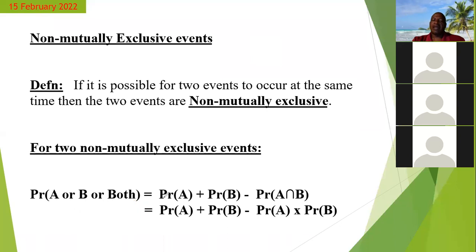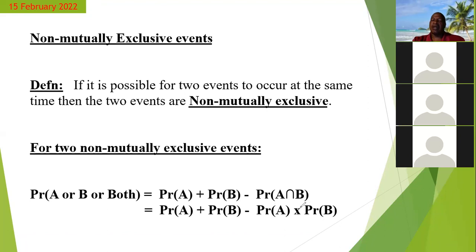When dealing with Venn diagrams for two sets, we would find the number of elements in A plus the number of elements in B minus the number of elements in the intersection of A and B. For probability, we are doing a similar thing: we find the probability of A plus the probability of B minus the probability of A times B. Remember, this is not an intersection thing that we're looking at here.